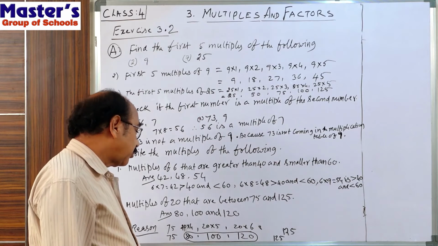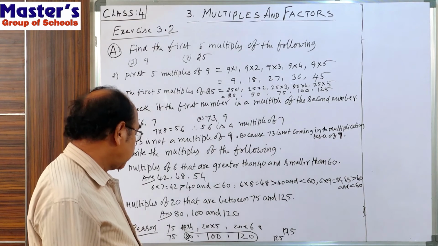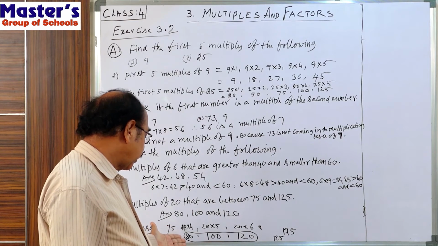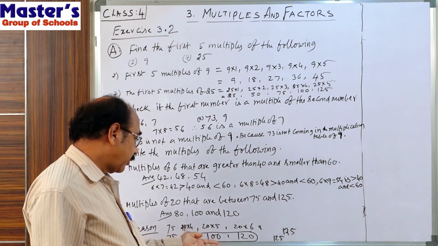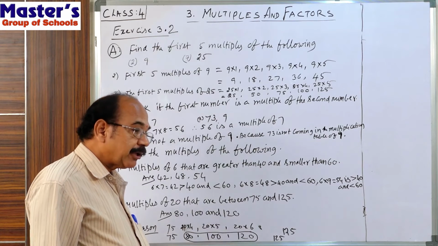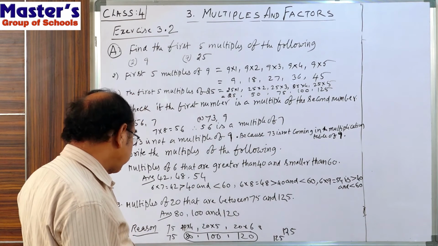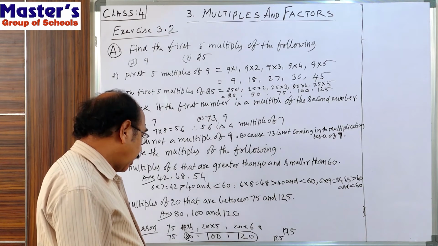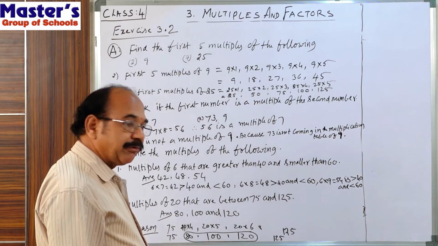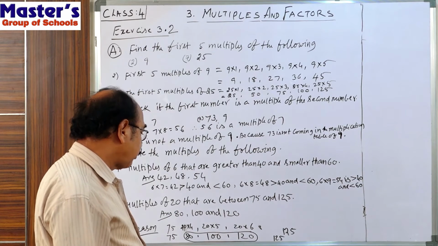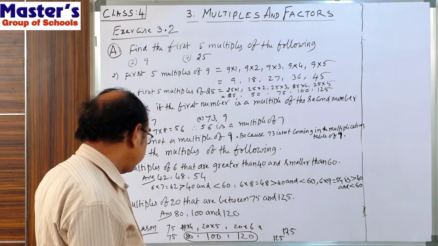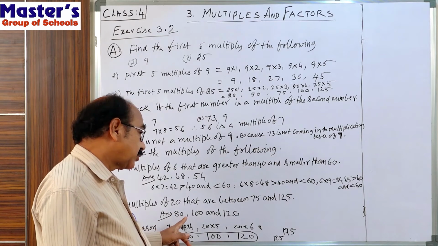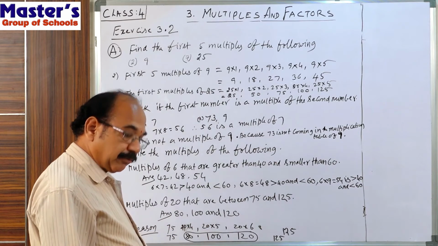These are the multiples of 20. Why? Because in reading the 20 table you are getting 80, 100, 120. That's why these are the multiples of 20, and they are in between 75 and 125. Okay, children, that's why we write the answer as 80, 100 and 120.